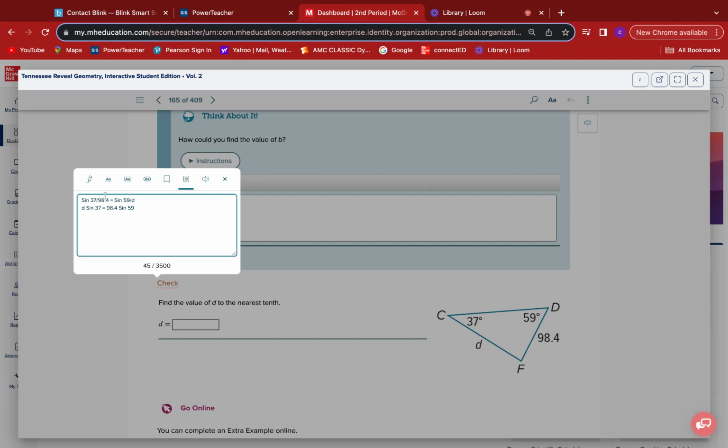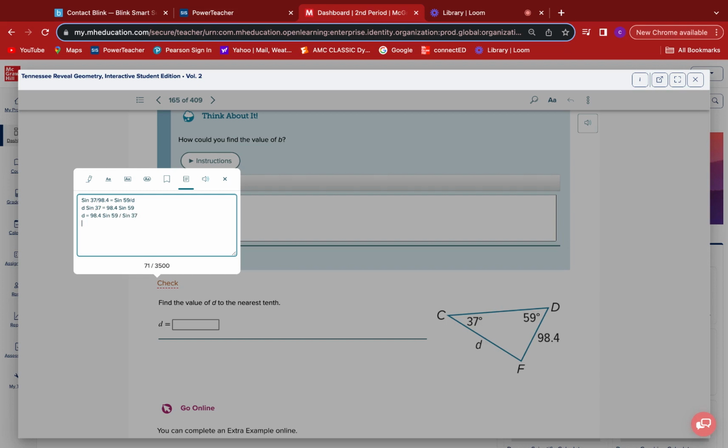The opposite of multiplying by the sine of 37 is to divide by the sine of 37. So D is now going to be equal to 98.4 sine of 59 divided by the sine of 37.